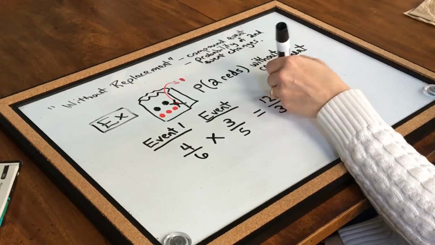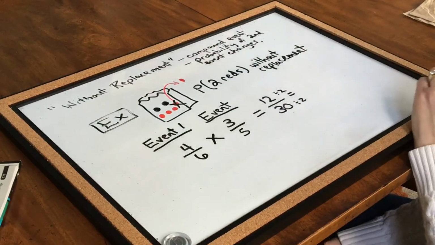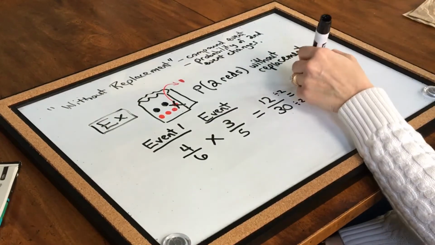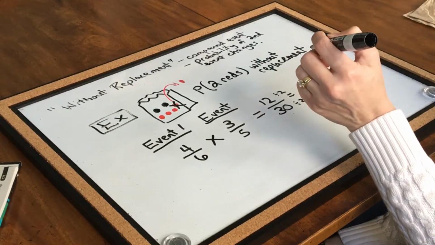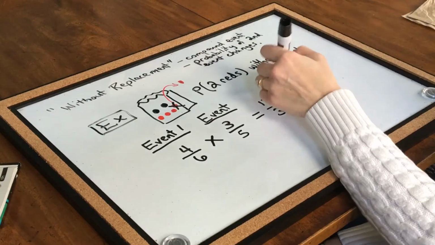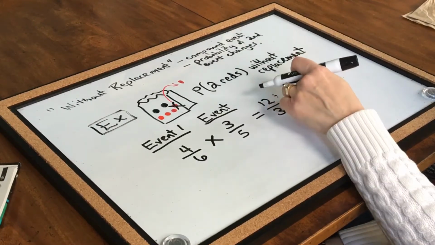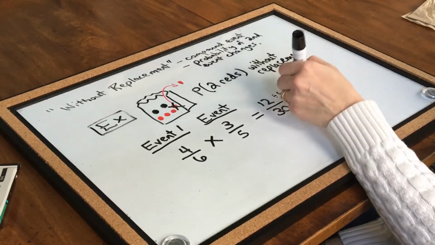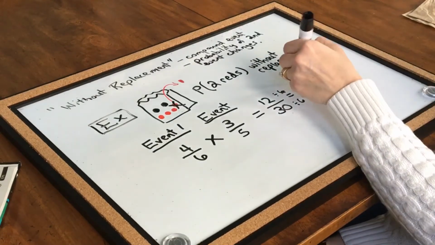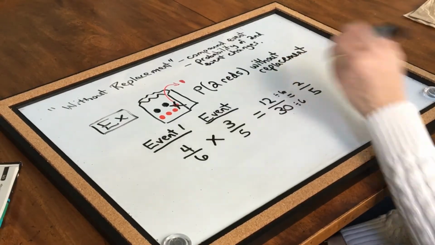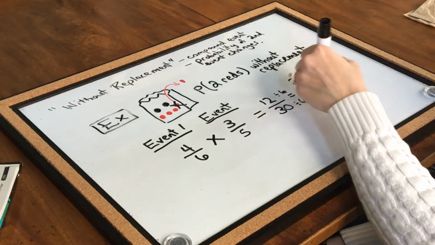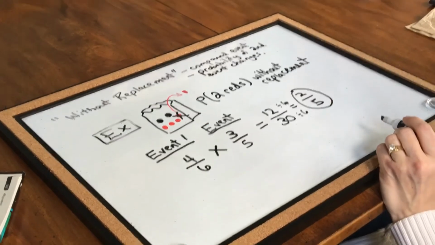Oh, even better, hold on. They're both divisible by 6. Let's change that. I can make this even better. My new probability is 2/5. And that's my final answer.